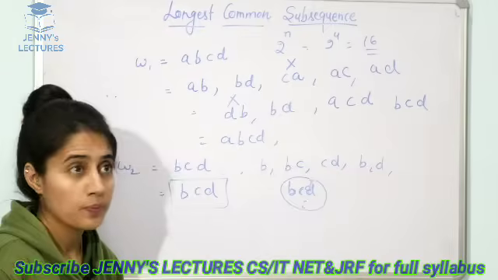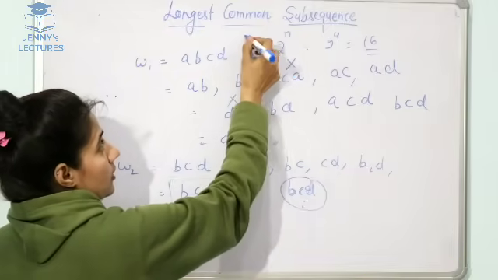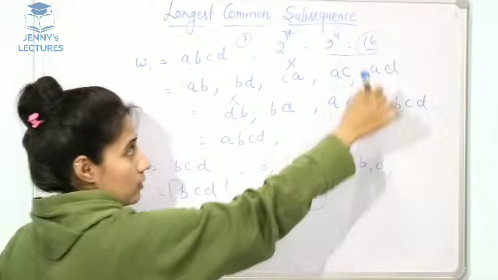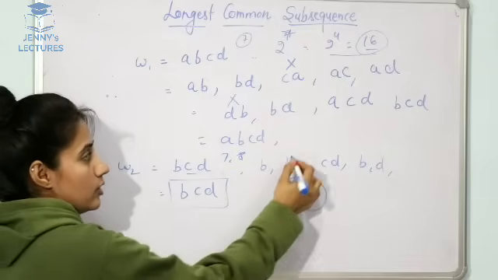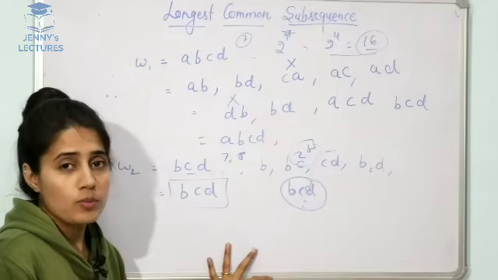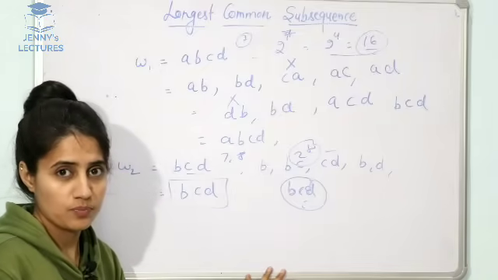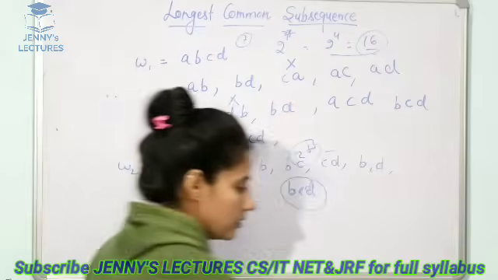Sometimes they can give you seven characters, 2 raised to power 7, or 7 or 8 characters, then 2 raised to power 8 subsequences are possible. So it would not be possible for you to calculate all the subsequences of two strings and then compare. So I'll give you one simple trick.